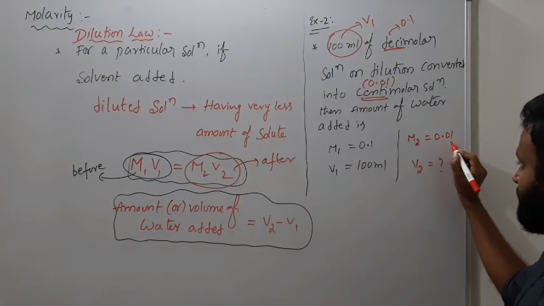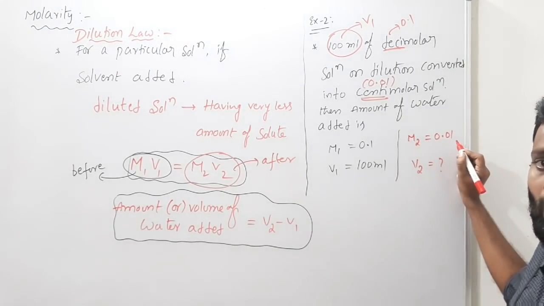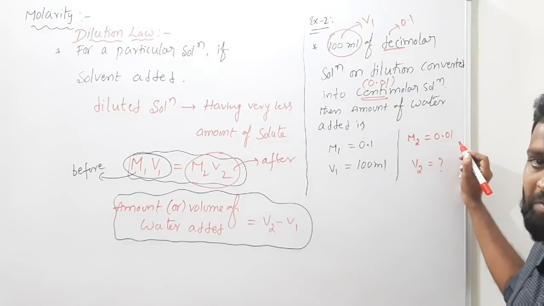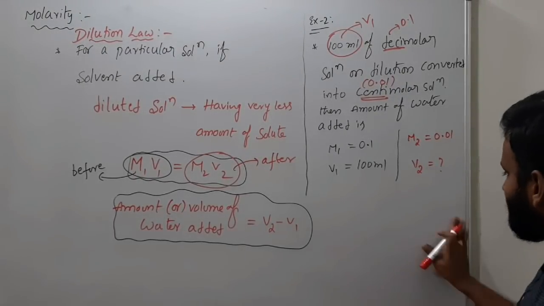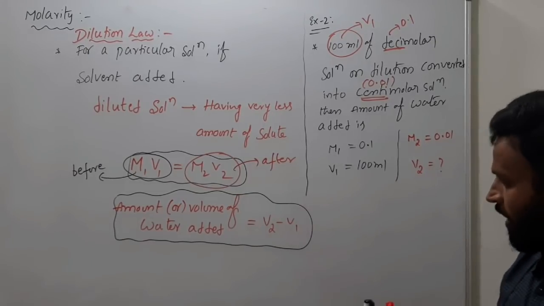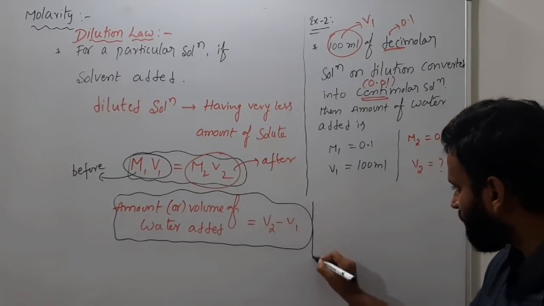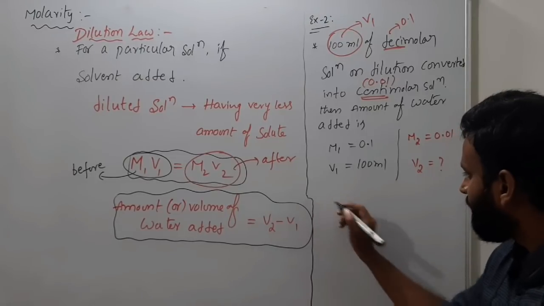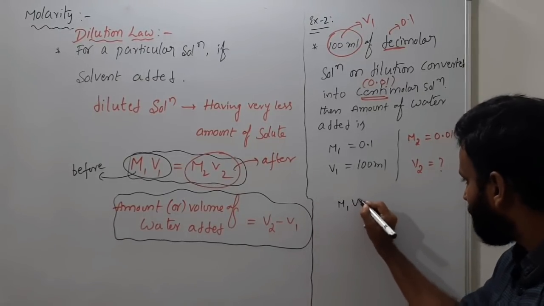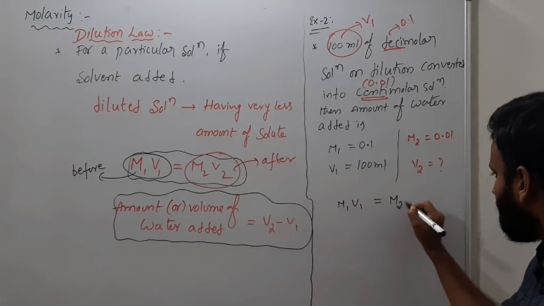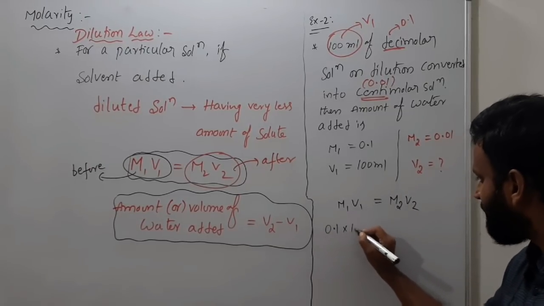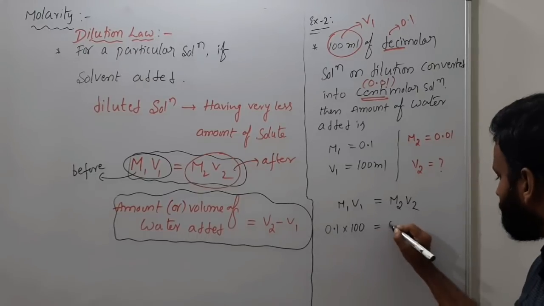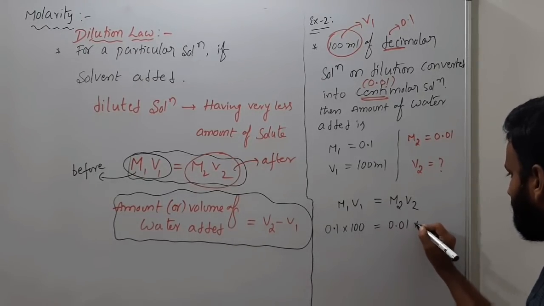Final concentration I know is 0.01, centimolar, given in the previous class. So V2 I don't know. So finally I can use one formula: M1 V1 is equal to M2 V2. What is M1? 0.1. V1 is 100. What is M2? 0.01 into V2.